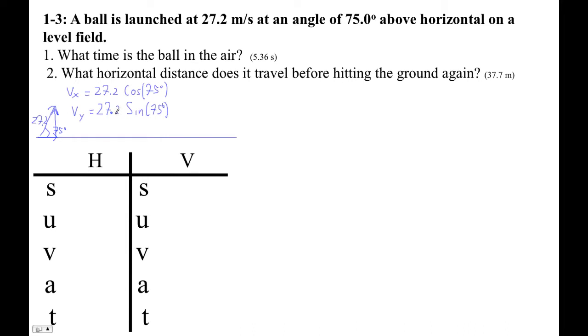Okay, so let's see. I'm getting that my initial velocity horizontally is 7.0399. Is that 5 sig figs? Yeah, it is. You're probably okay with 4, but I'm going to carry 5 because I've got a bachelor's degree in physics.